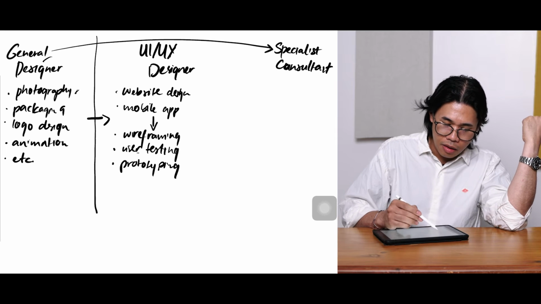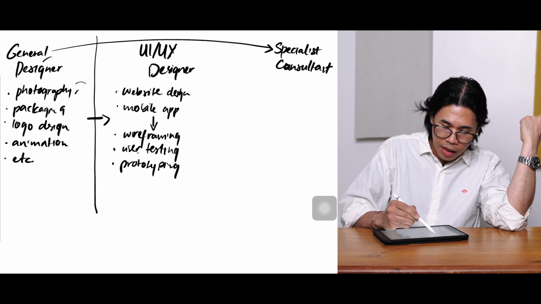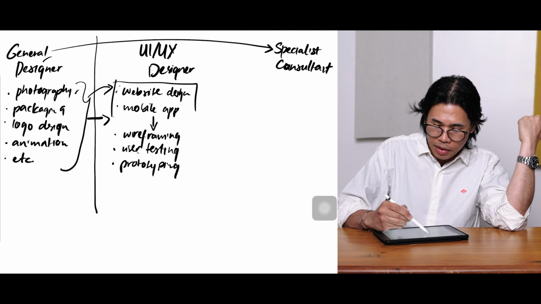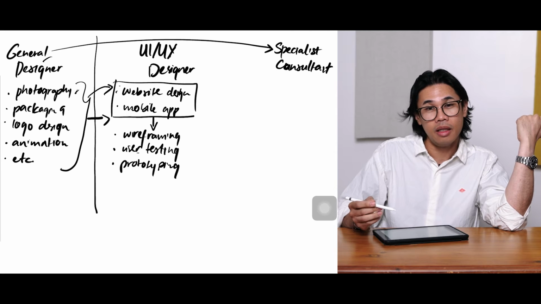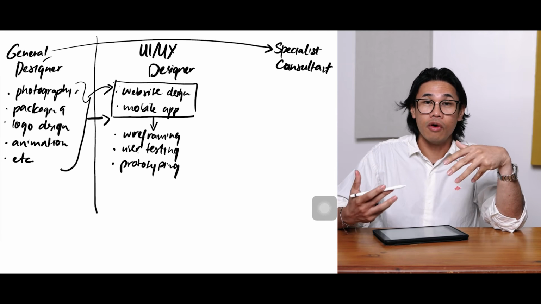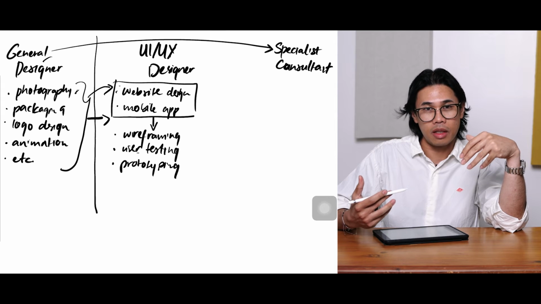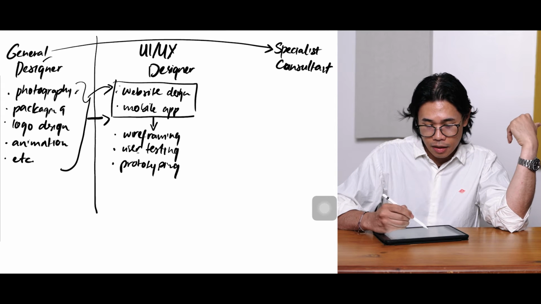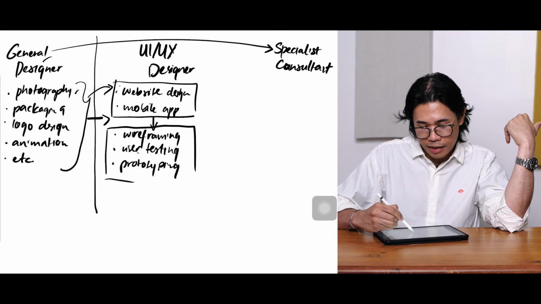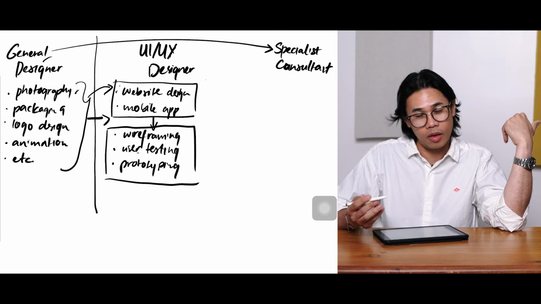So as you can see, from this general design knowledge, I was then led into something that is a bit more specific on the screen, such as website design, mobile app design. But then in practice, obviously the industry had evolved, and then processes have become even more sophisticated, that it's broken down to things like wireframing, user testing, activities like prototyping and whatnot.